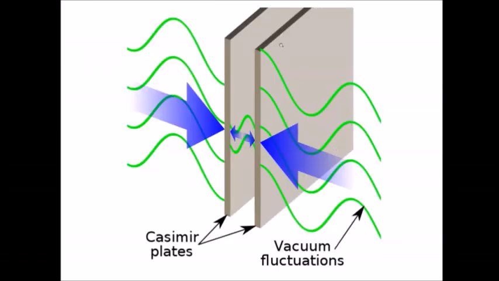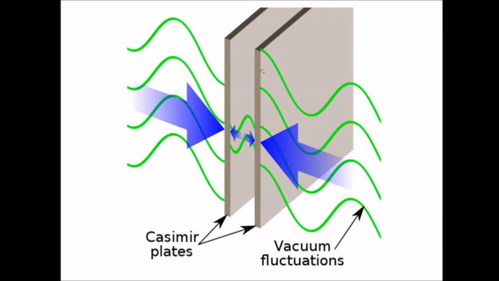If you have two parallel metal plates, and there is no electric charge on these plates, just two infinite parallel metal plates, they will feel an attraction due to quantum mechanics. And why is this?